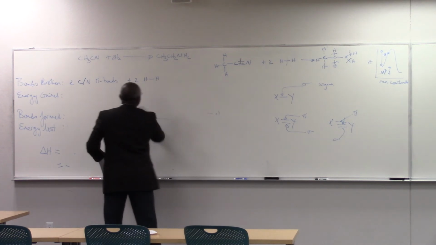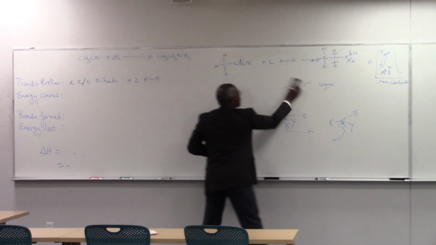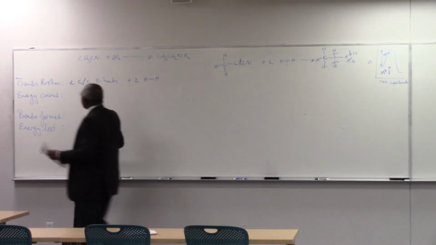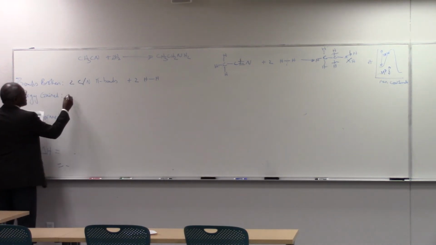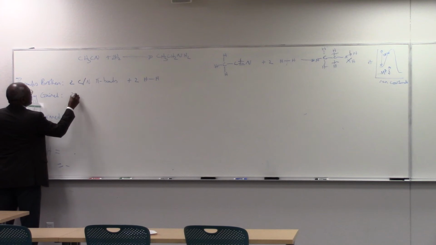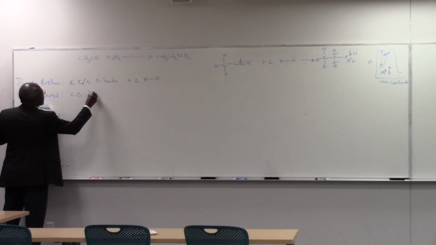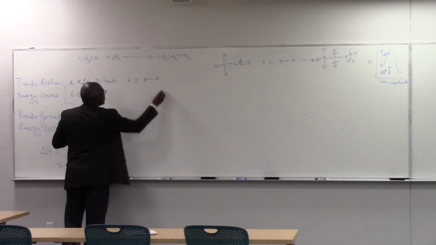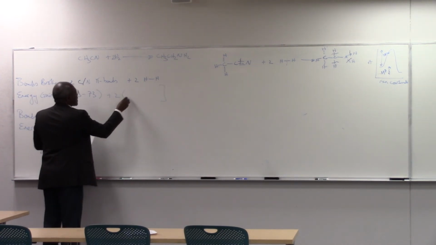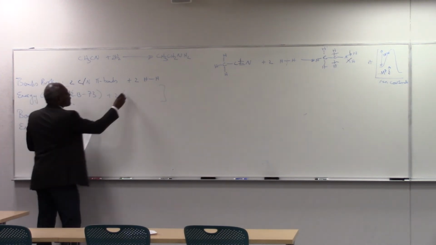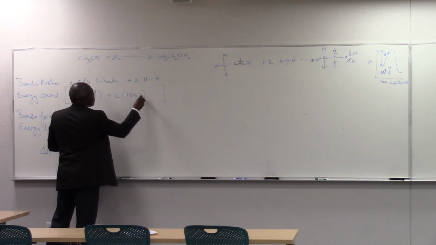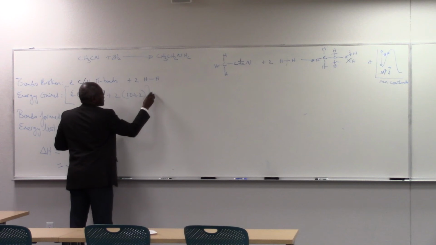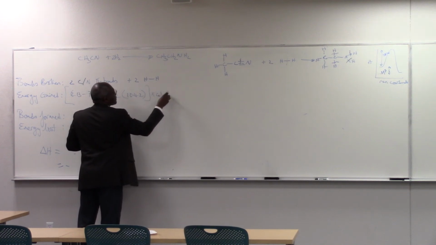Okay, so how much energy is involved in bond breakage? For the CN, this would be 213 minus 73. And I'm just going to put all of this as kcals per mole. Plus 2 times the HH bond, which is 104.2, kcal per mole.